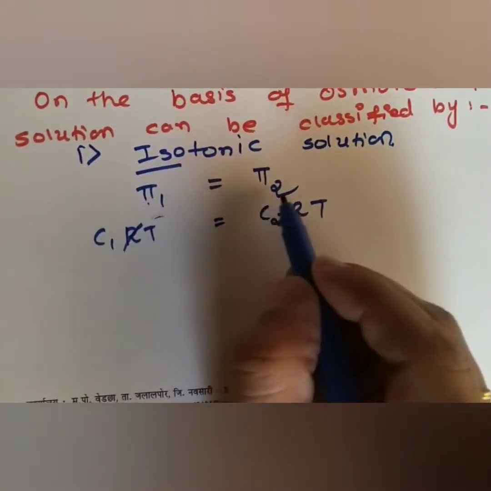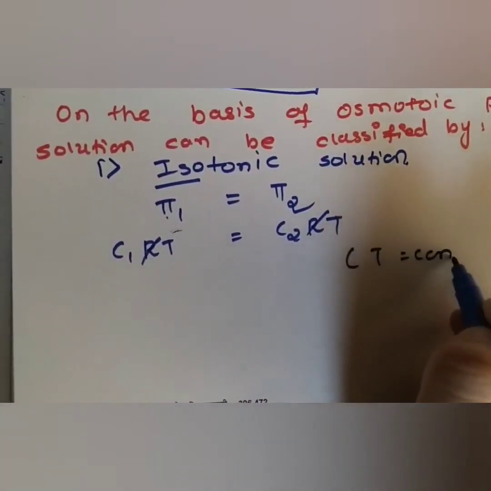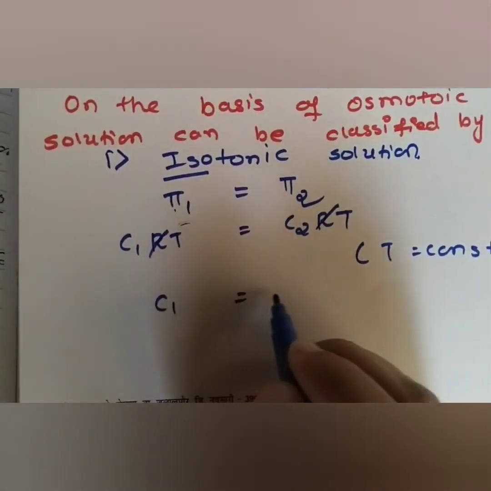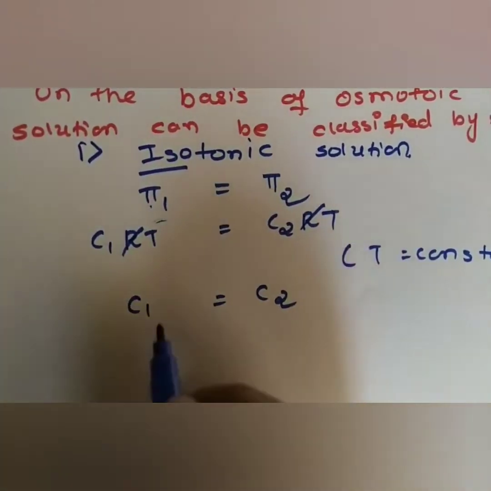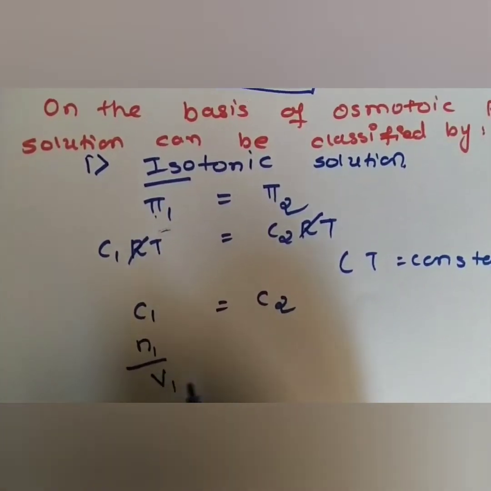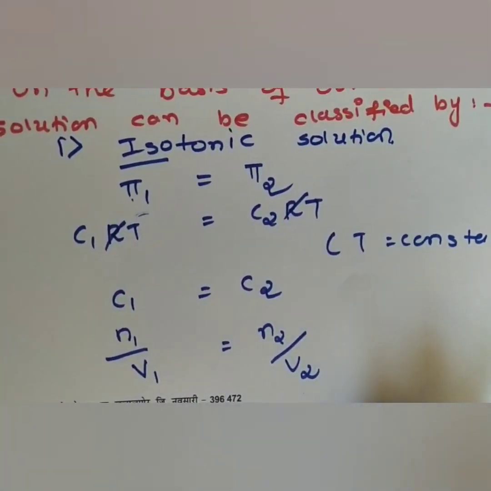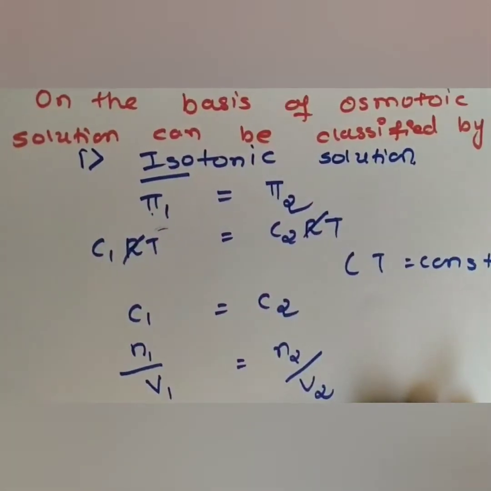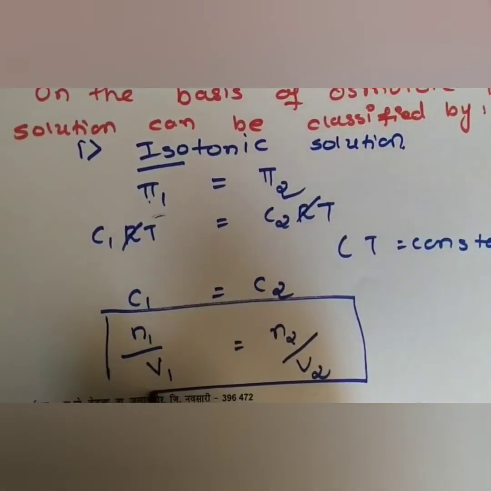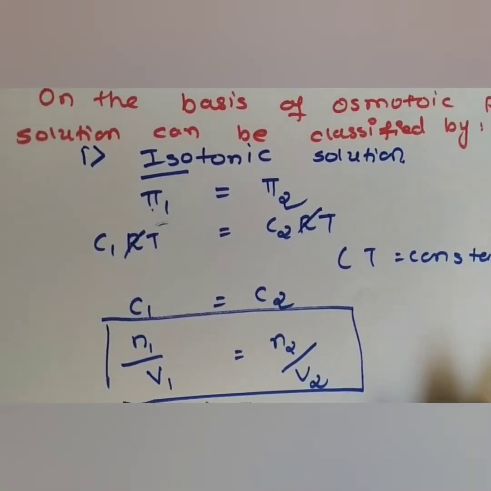Definitely R is constant for both. If temperature is constant, then we can say C1 is equal to C2 for this. C1 is equal to what? N1 upon V1 is equal to N2 upon V2. Okay, so we can apply this formula if they represent that the solutions are isotonic with each other.